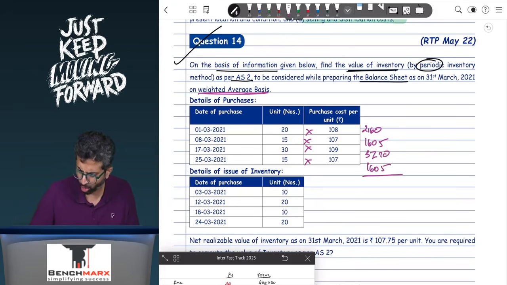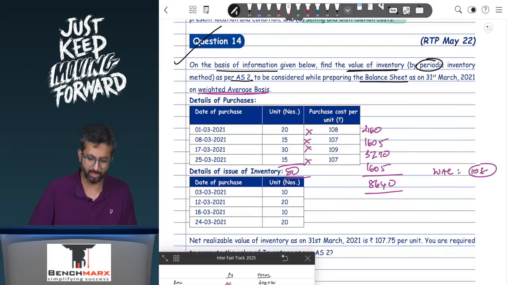If I were to total all of this, this is 8640. Now 8640 is the total cost for how many units? This is 35, 65 and 80 units. Divided by 80, this is 108. Therefore, the weighted average cost will be 108. That is 8640 divided by 80.